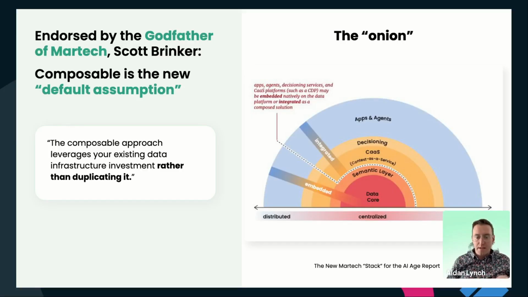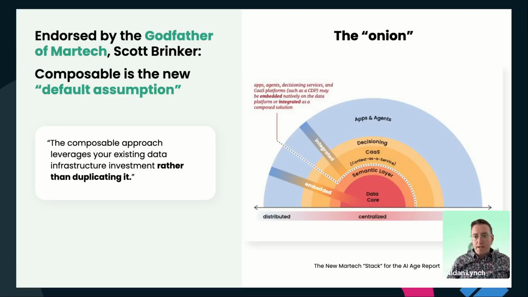So the semantic layer, which really just means a translation of what's in the data side of things into a marketer or business-friendly context. And then having context and decisioning, and then finally your different apps and agents around it. And his prediction is that this is now becoming the default. So composable architecture in this way is going to become the default for lots of organizations.